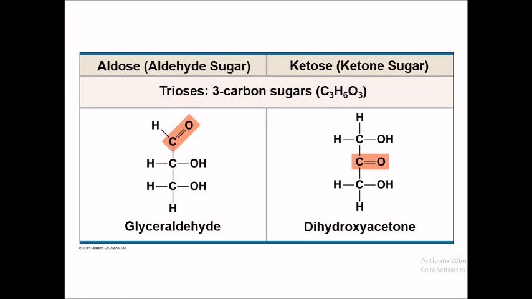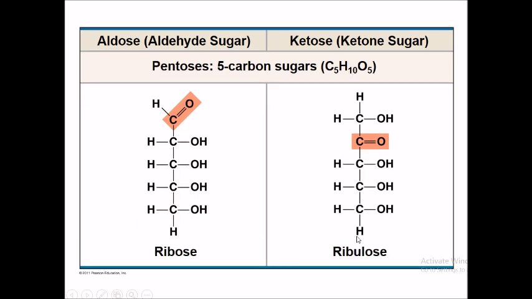Other examples of monosaccharides with 3 carbon atoms in the carbon backbone are glyceraldehyde and dihydroxyacetone. Examples of pentose sugars are ribose and ribulose.